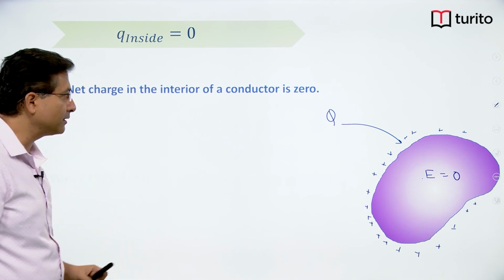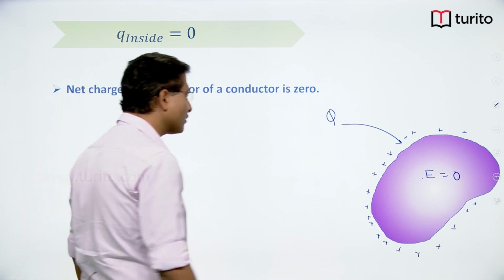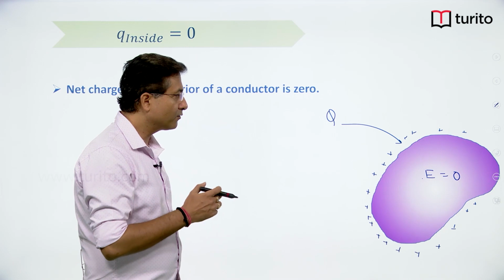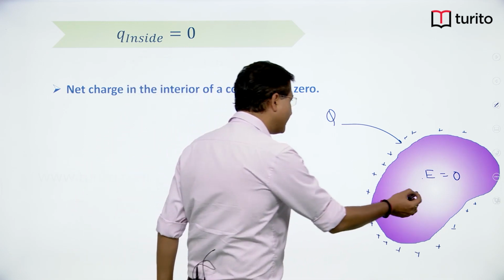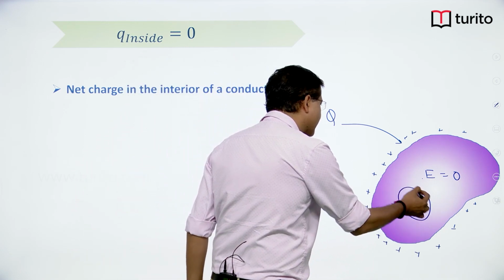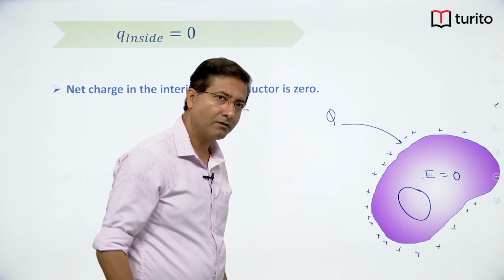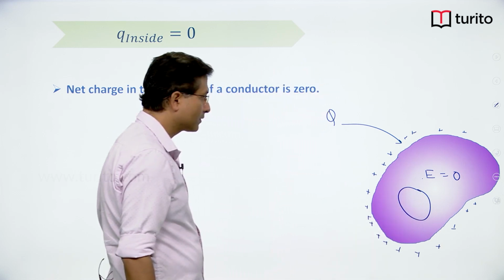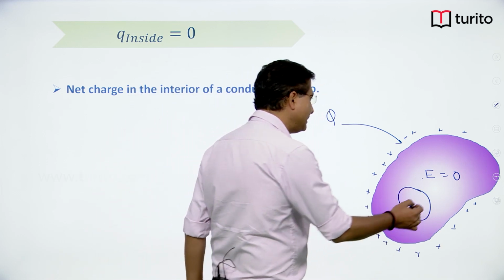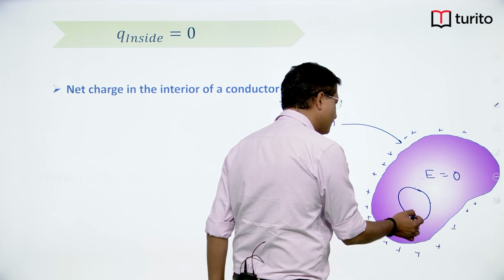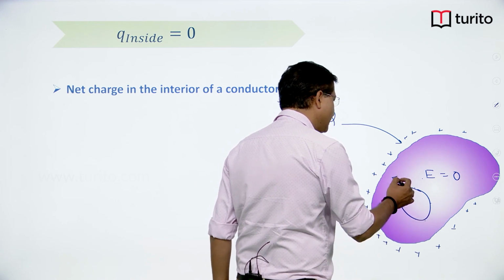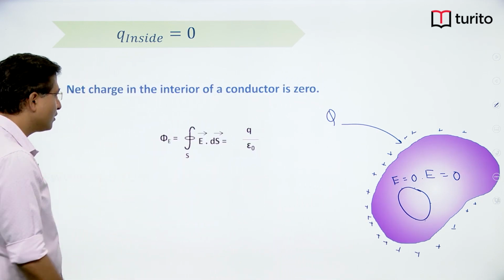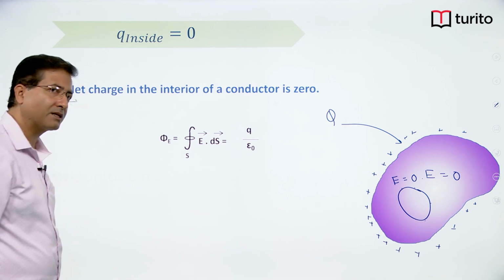Now, we are talking about the second point. If at each and every point on the conductor the field is 0, no matter the situation, then if I take any part of the conductor and apply Gauss law, then as you can see, E at every point is 0, and according to Gauss law, the integral of E dot dS is equal to q upon epsilon naught.